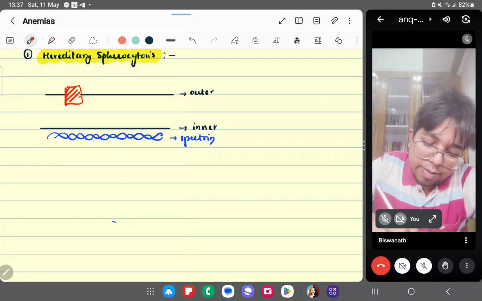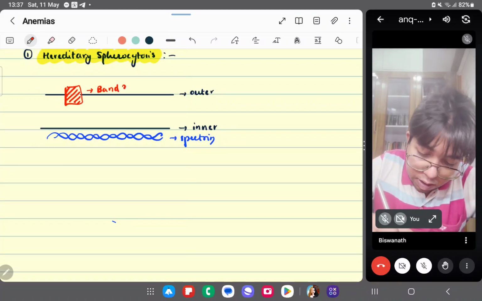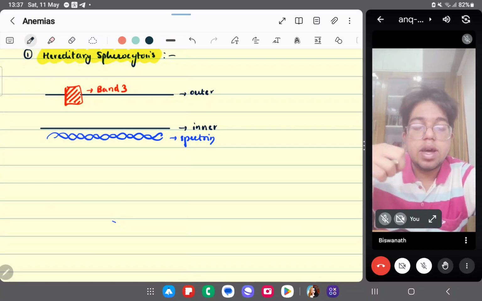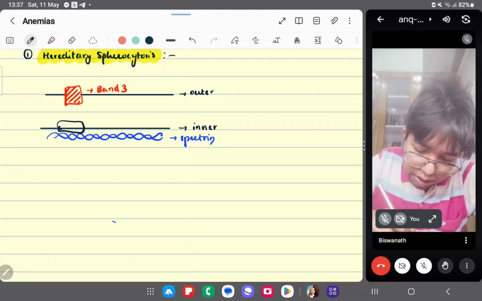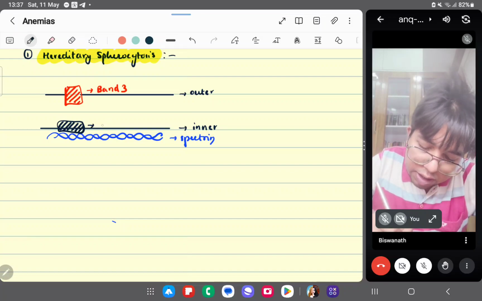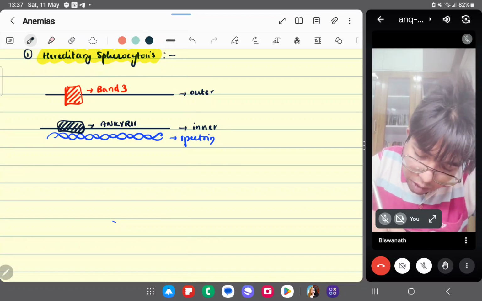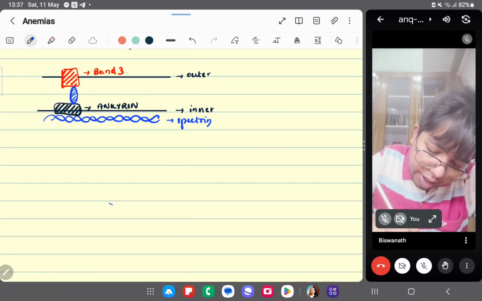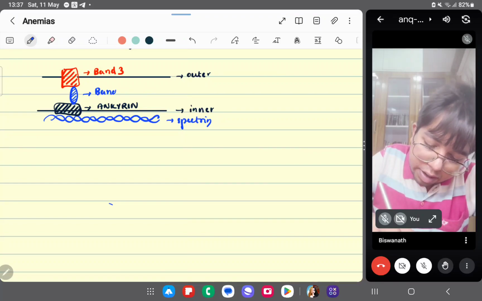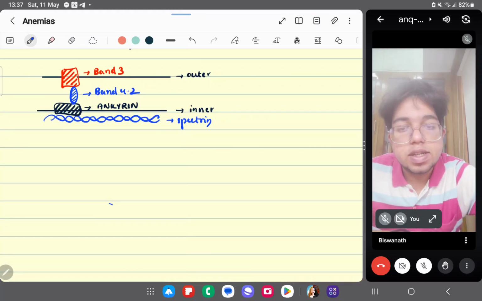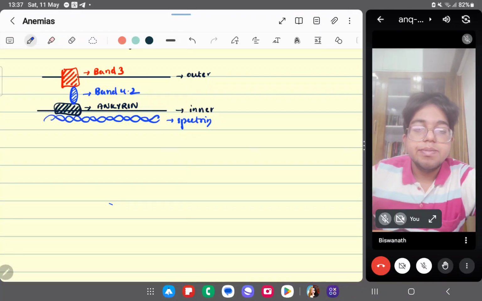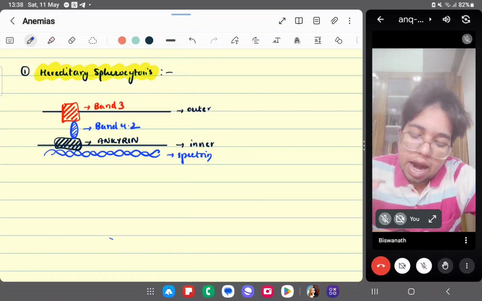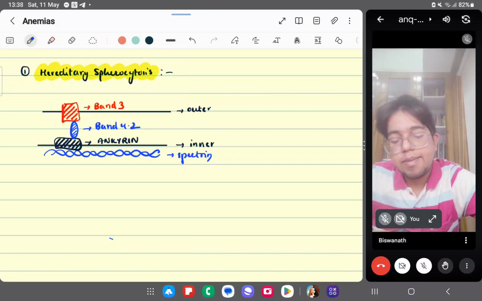The protein which is holding on to spectrin is called ankyrin. And the protein which is linking band 3 with the ankyrin is called band 4.2. Understood? We have spectrin on the inner membrane, ankyrin, band 3 over the outer leaflet, and band 4.2, which holds band 3 and the ankyrin.